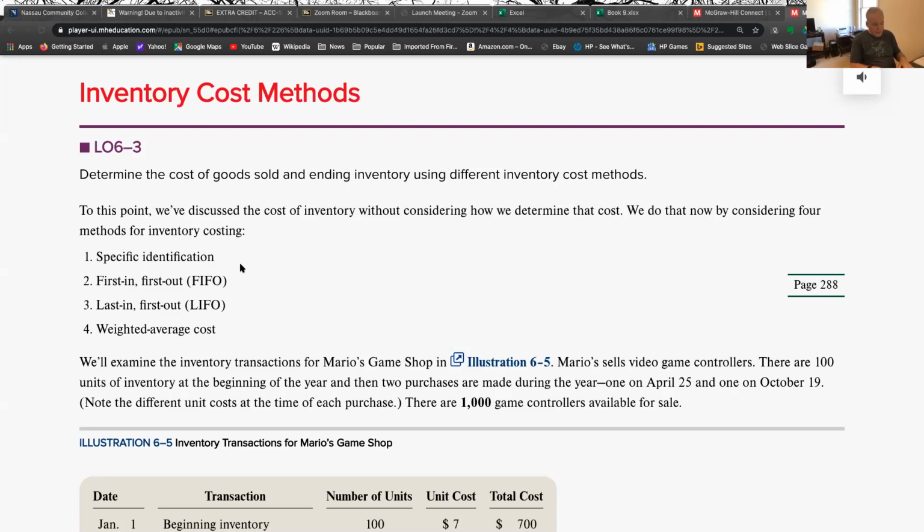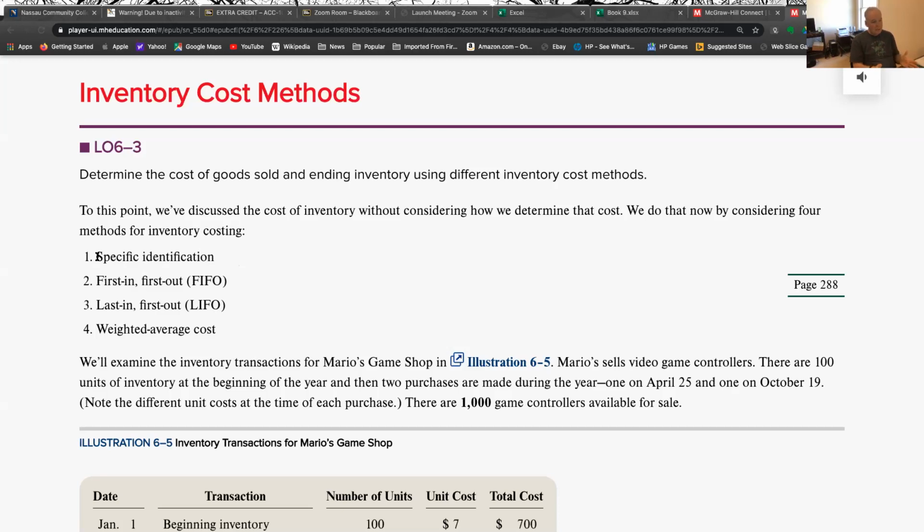So I've got 30 desks left in the room. I bought desks 5 different times during the year, and each time I paid a different price per desk. So this specific identification, which is the one that makes the most sense, because I look at each desk and I say, how much did this cost me? I figure that out, I add it together for 30 desks, and that's the number I use for inventory.